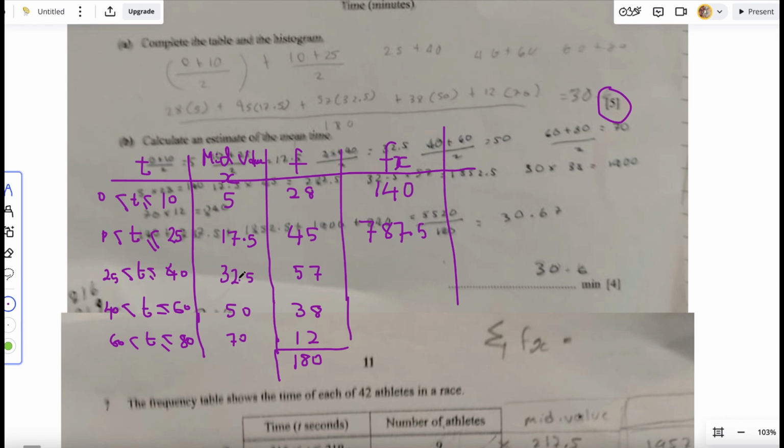For this one, 32.5 times 57, you get 1852.5. Then this one is 50 times 38, which is 1900.